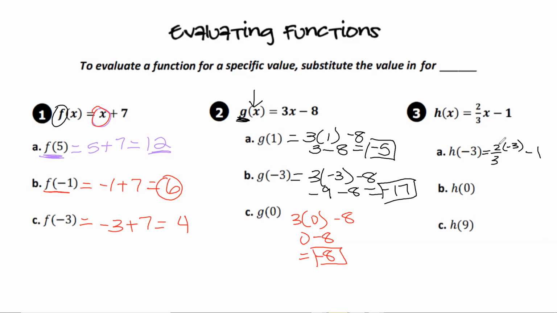What's 2 times -3? Okay, and -6 divided by 3 is -2. I'm going to write this a little bit lower. -2. And then we're still subtracting 1, right? So what's -2 minus 1? -3. So this guy is -3. Can you try B and C?